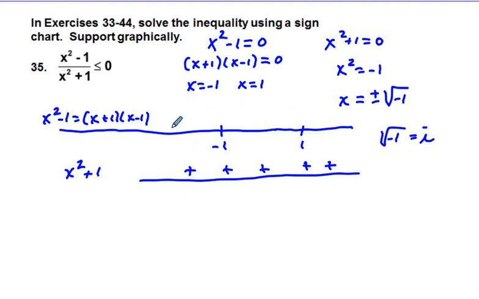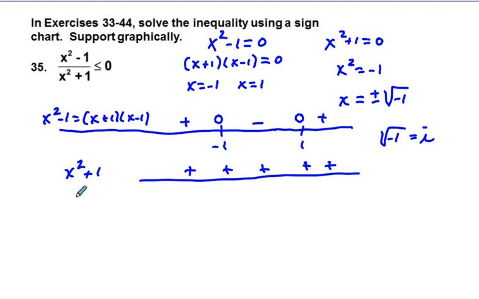So let's go ahead and work this out. For numbers less than -1, we're going to have a negative times a negative, so we would be positive. The value of the expression is going to be 0 at -1. Between -1 and 1, we would have a negative sign there, and at 1 we would have 0 here, and greater than 1 we would have positive.